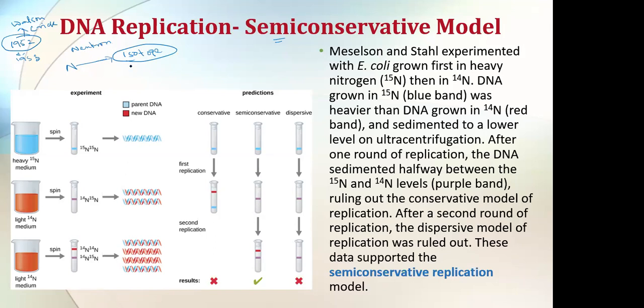They took two isotopes of nitrogen: one called N14 and another N15. N15 has one more neutron than N14, so the N15 isotope is much heavier than N14.